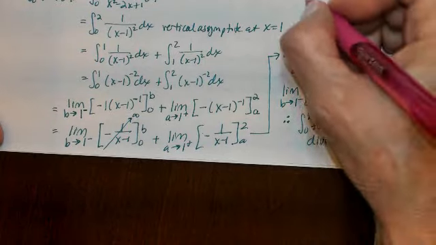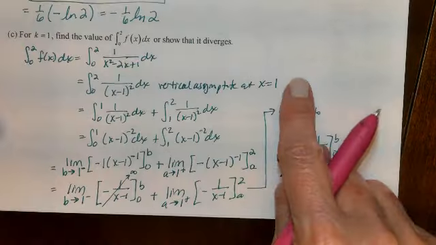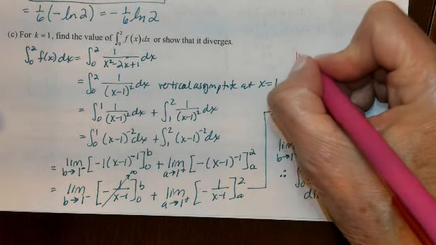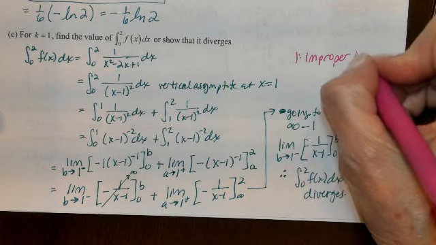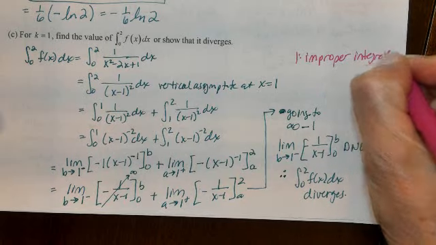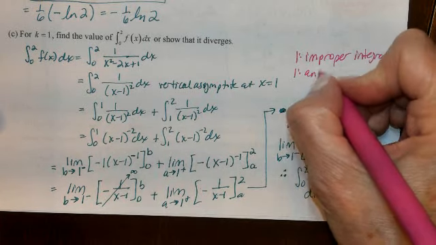This was worth 3 points. I didn't tell you how much part B was worth. Well, let me go do this first. This was worth 3 points. 1 point for the improper integral. Okay. 1 point for the antiderivative.